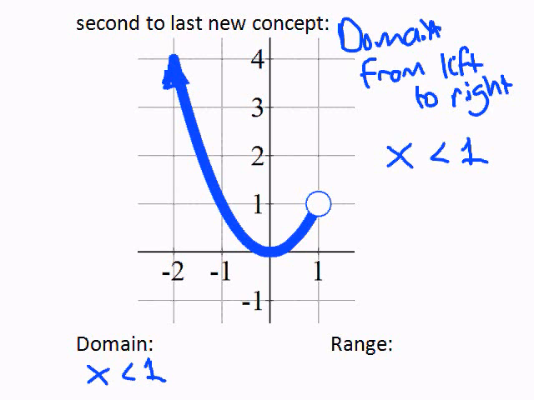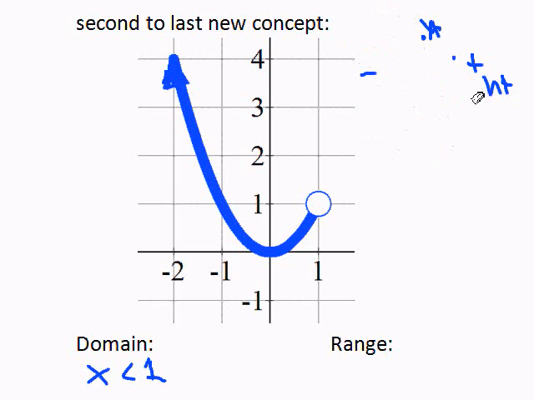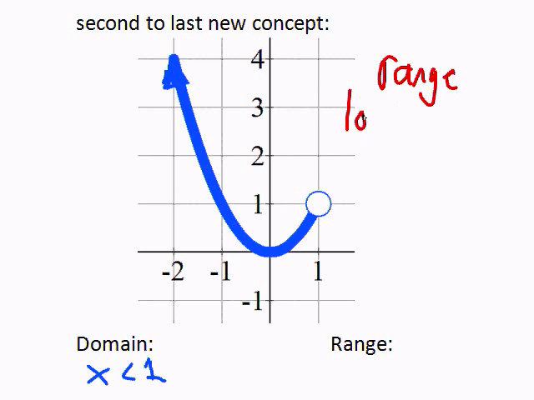And for our range, now you want to keep in your mind that range is always from bottom to top, lowest to highest. So our range, lowest to highest, your minimum to your maximum.